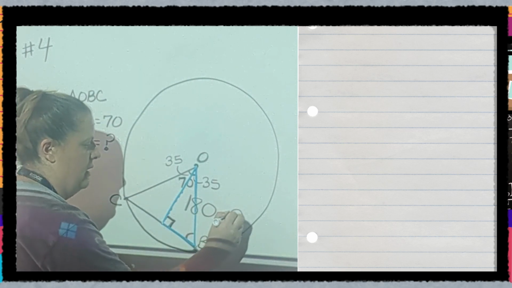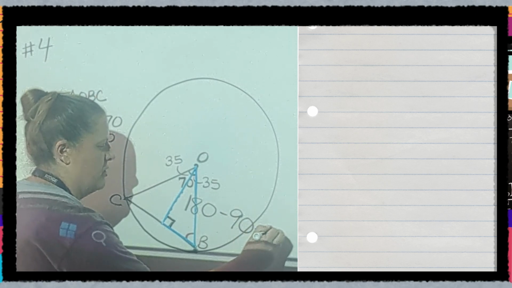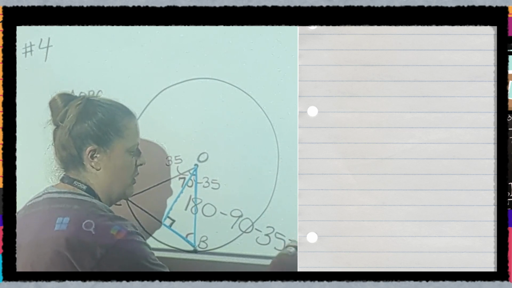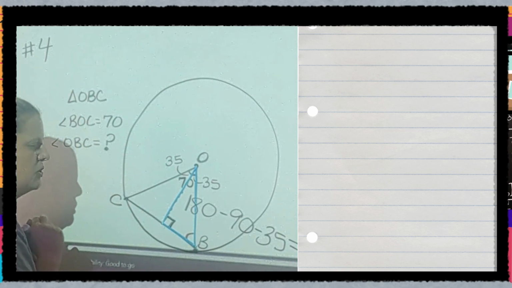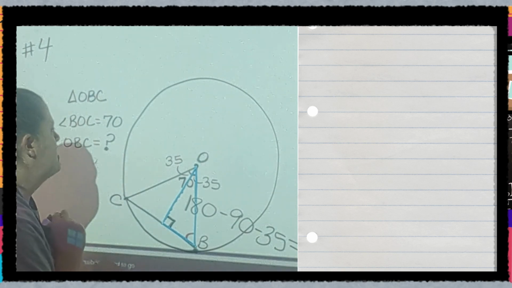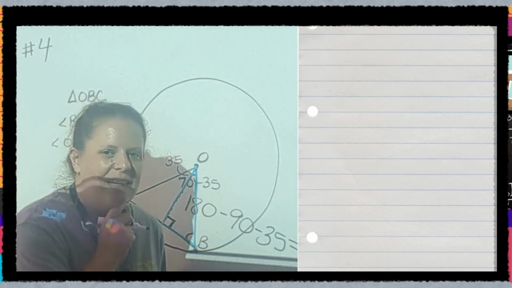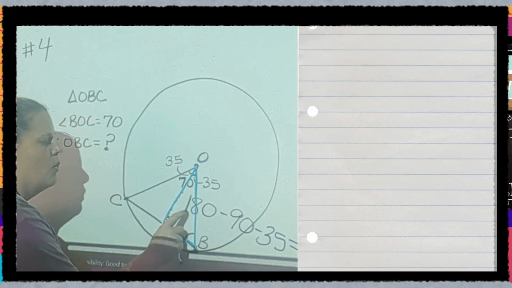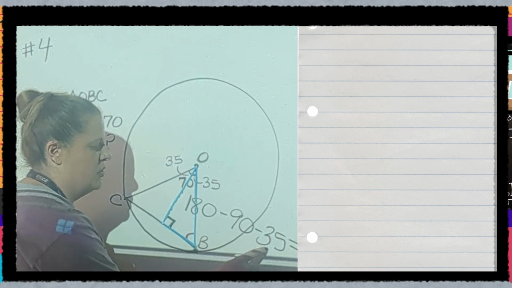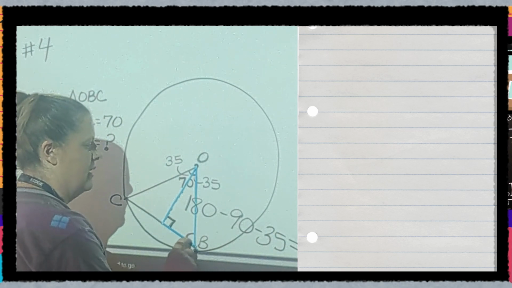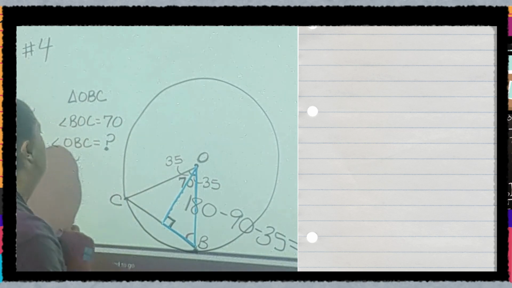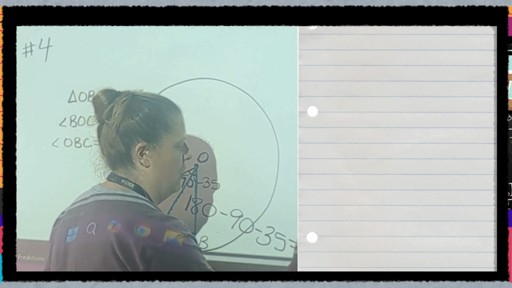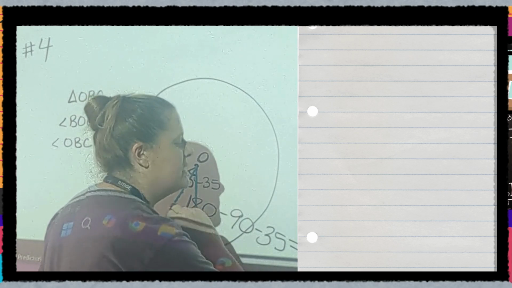Subtract 90, subtract 35, that leaves us with what B is equal to. I don't think I need to go any further. If you need to use a calculator, use a calculator. 180, subtract the 2 that we know, and that's going to give you angle B, aka angle OBC.